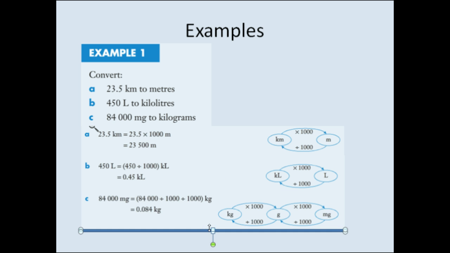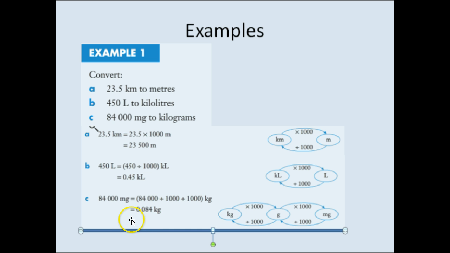Okay, last one, I've got 84,000 milligrams, and I want to change it to kilograms. So I'm going from milligrams all the way up to kilograms. So I need to do 2 jumps, and that means I need to divide by 1000 twice.